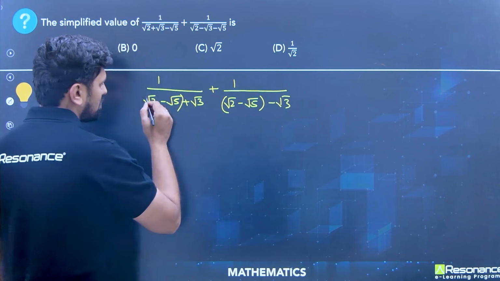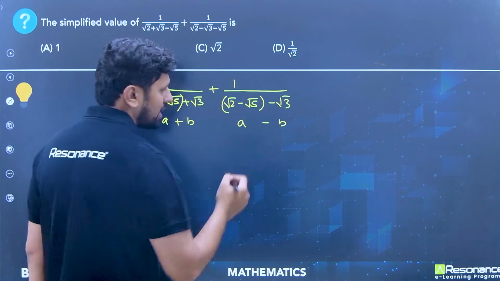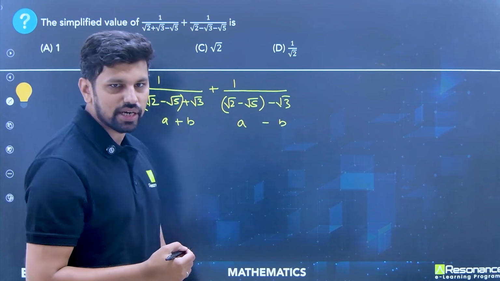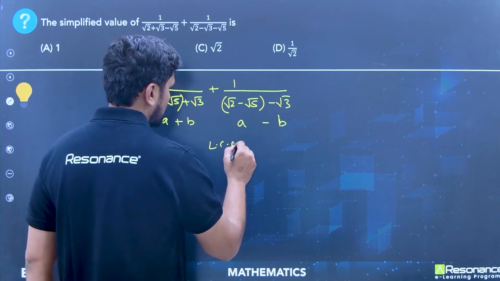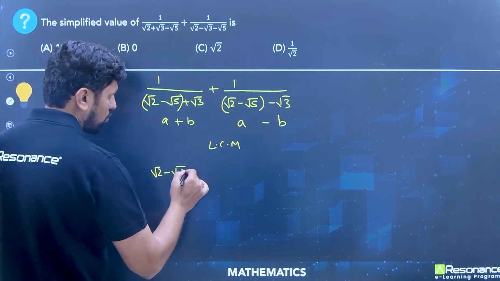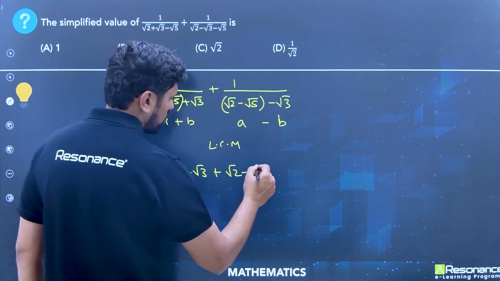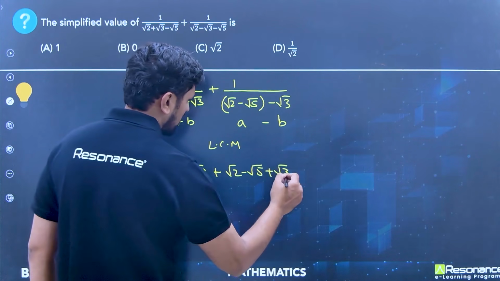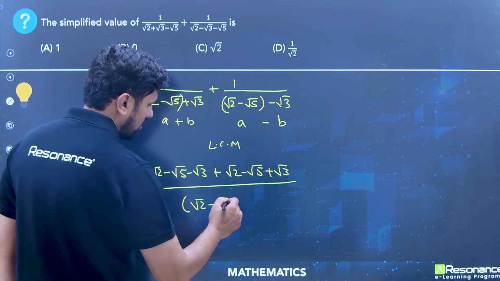Now see, this became as a plus b and this became as a minus b, correct? Now we will take LCM, just take LCM. So this will be multiplied here. So root 2 minus root 5 minus root 3 plus root 2 minus root 5 plus root 3, and in denominator these two will get multiplied.